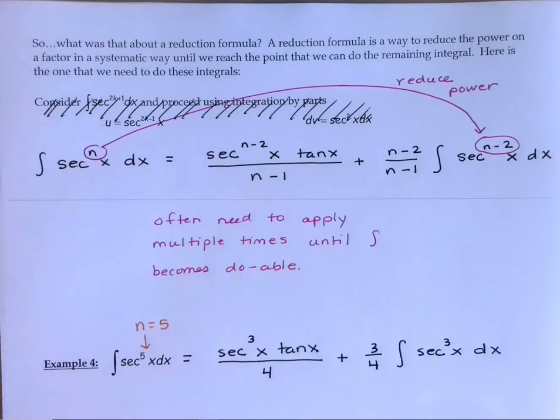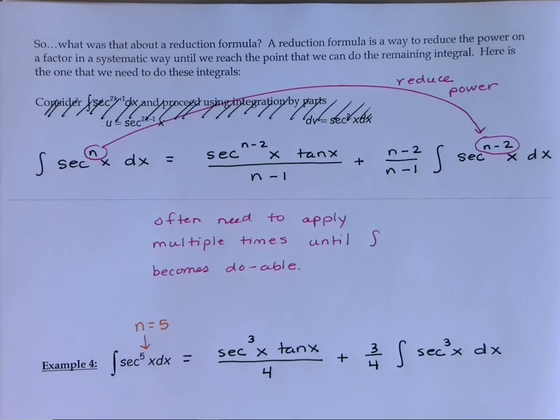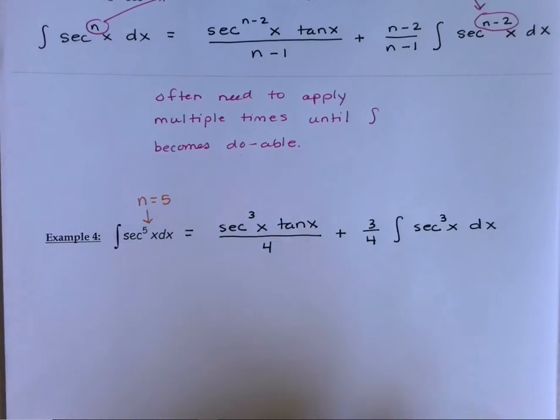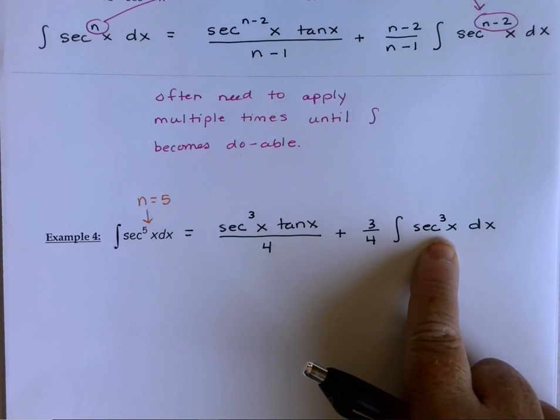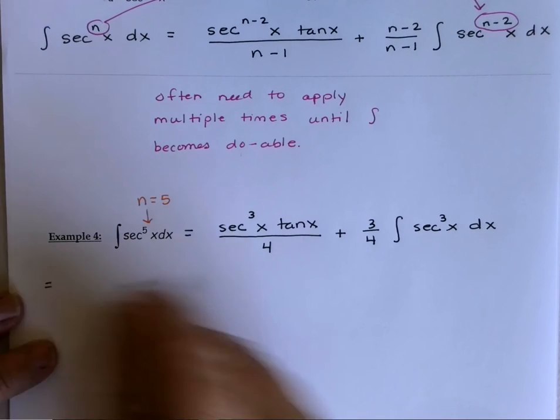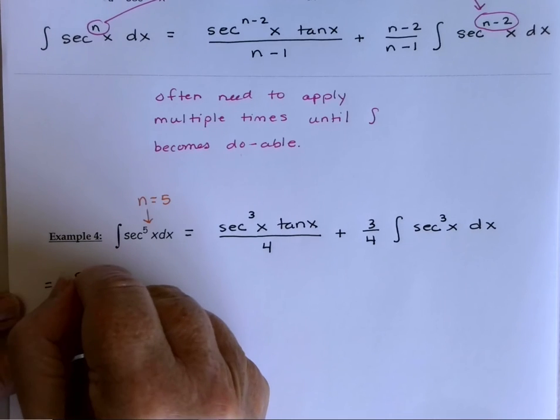Just following this reduction formula. All right, helpful, but not quite where I need to go yet because I don't know how to integrate secant cubed. So I'm going to go ahead and redo this whole process. I'm going to say, keep this. This is obviously done.